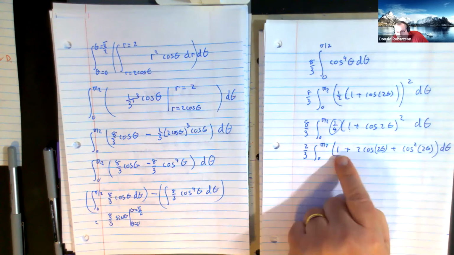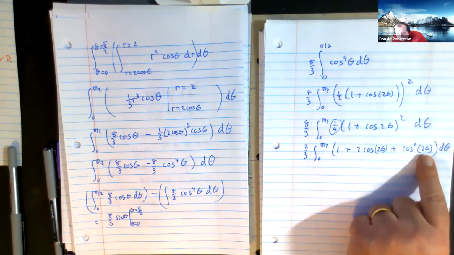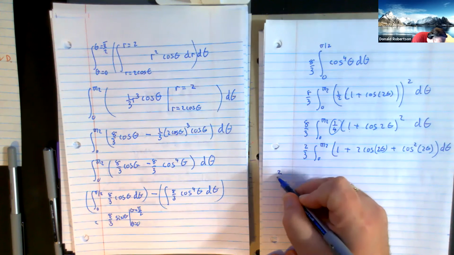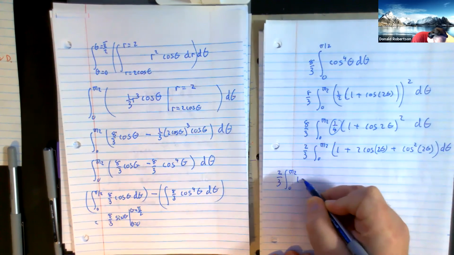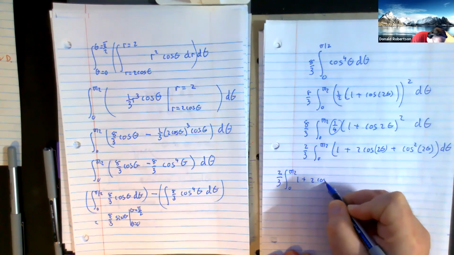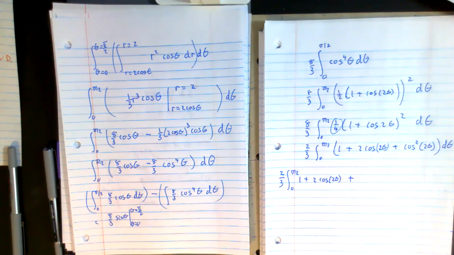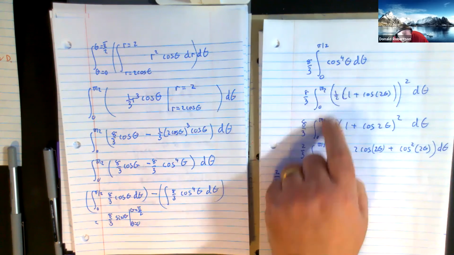Well, I can integrate one, I can integrate this fella. What am I going to do about cos squared 2 theta? How did we get to 1/4 there? 1/2 squared is a quarter.